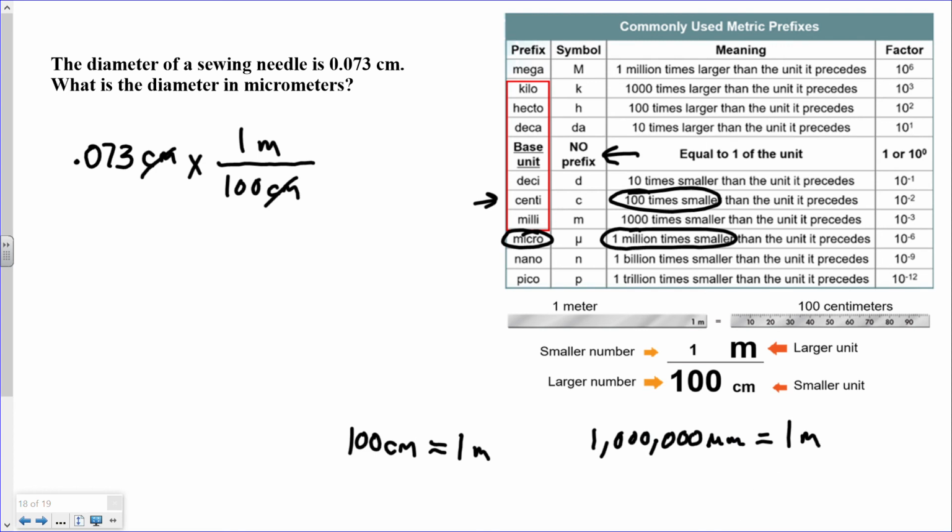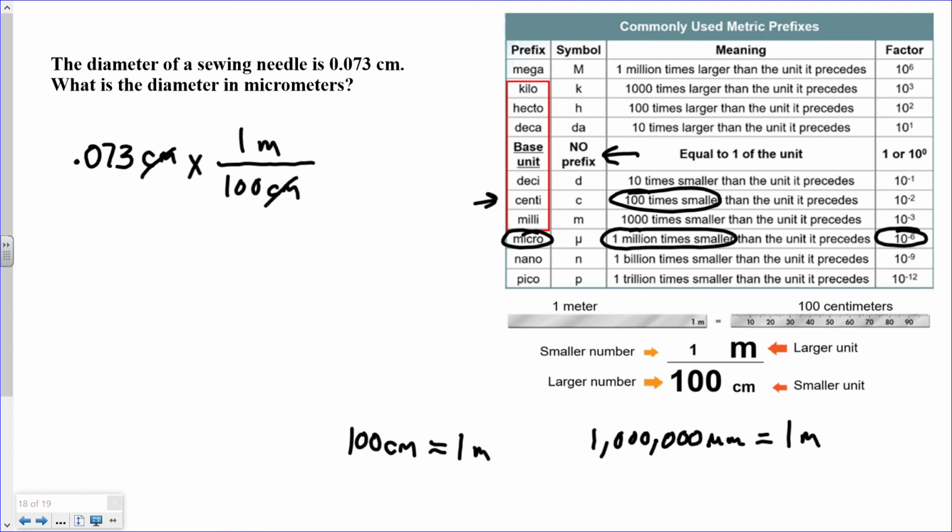So we can write that as 1,000,000, but I can also say that there are 1 times 10 to the 6th micrometers in 1 meter, or that a micrometer is 1 times 10 to the negative 6th meters.